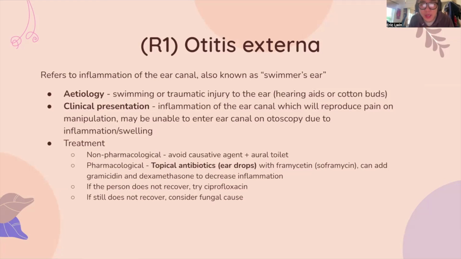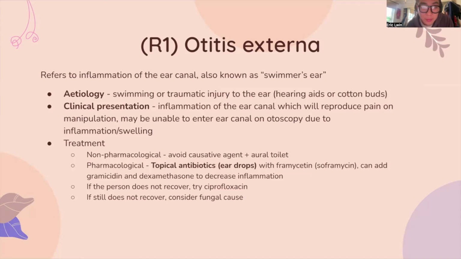For the treatment of otitis externa, you want to avoid the causative agents, so swimming, hearing aids, cotton buds; tell them to avoid that. You also would use an aural toilet, which is essentially just where you have some way of cleaning the ear. This may be with fluid or something else. Typically it will be fluid in this case, since you can't enter the ear with anything else that might cause further trauma.